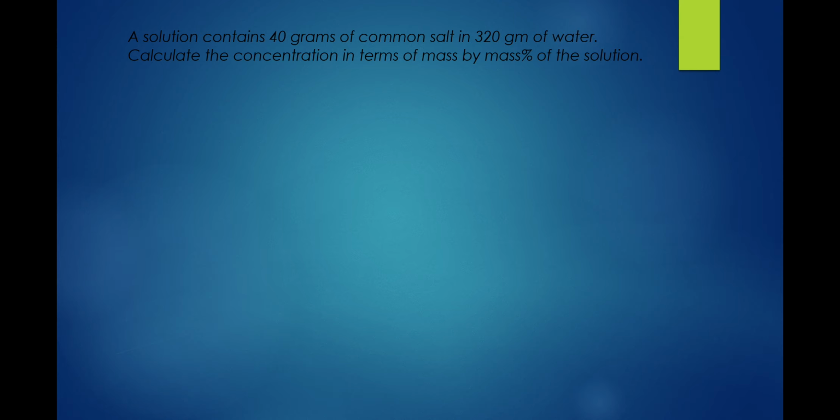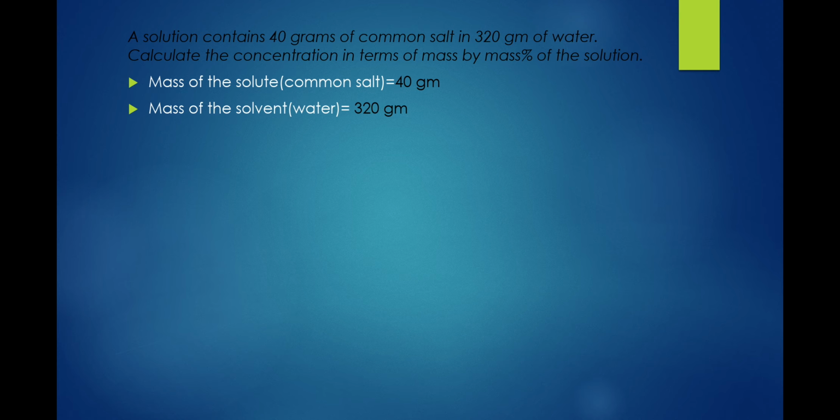Here the solution contains 40 grams of common salt, which is dissolved in 320 grams of water. Since common salt is in less amount, it is the solute. So mass of solute is 40 grams. Water is in large amount, so water in the solution is the solvent. Mass of solvent is 320 grams.